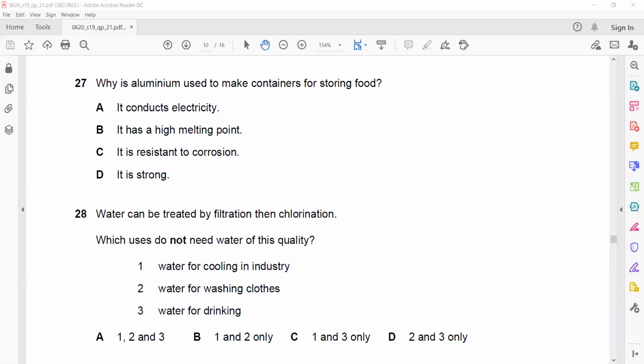So 27, C is the right statement because it resists corrosion. That's why it is used for storing food.